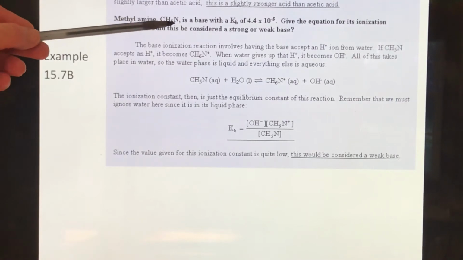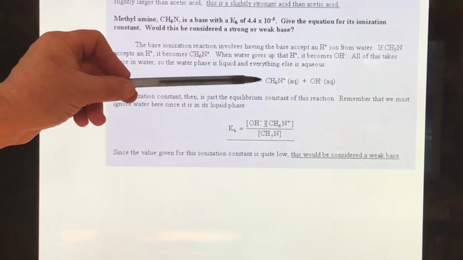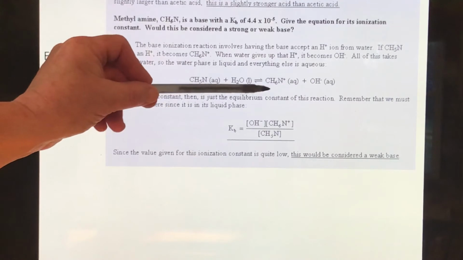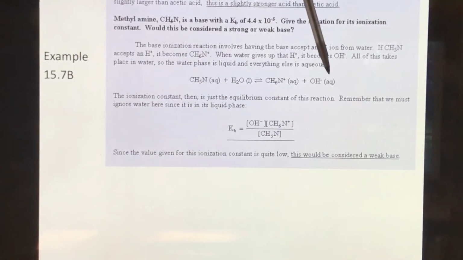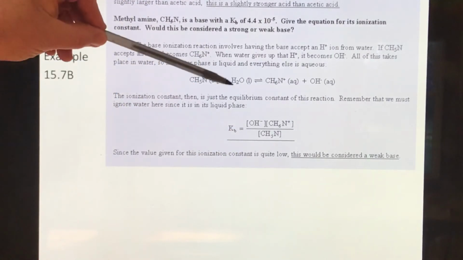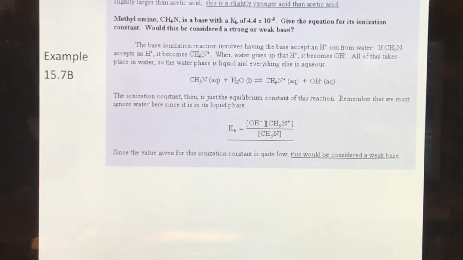We would add this base to water, and then look at how it forms this hydroxide group and this ion here. And then we take these two products and put them in the numerator, and this reactant, and put it in the denominator. Everything's got a 1 as a stoichiometric coefficient, so that is all that we need for our exponents there.